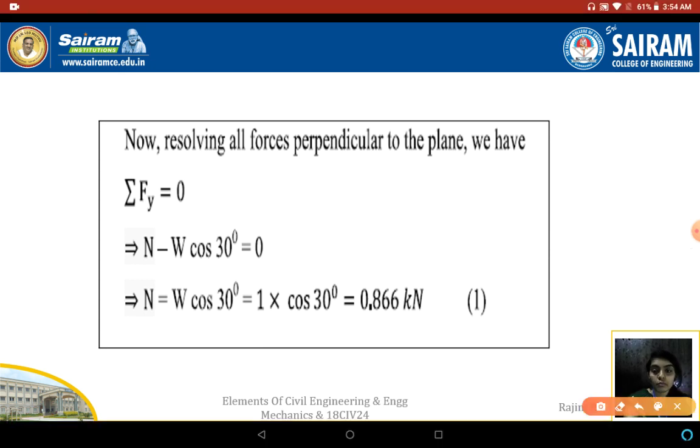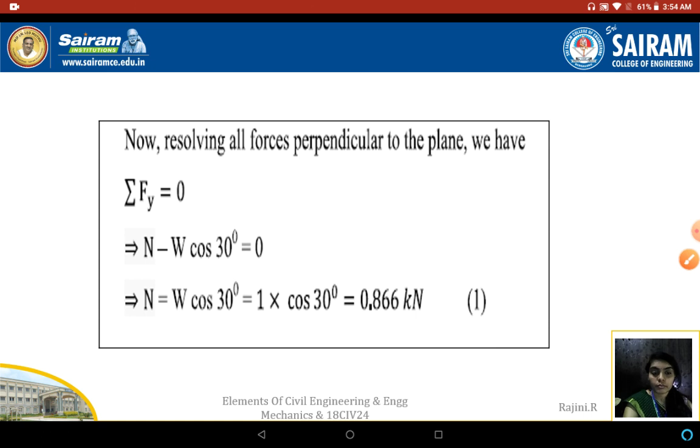So N is equal to W cos 30 degrees, which is 1 into cos 30 degrees. The answer will be 0.866 kilonewton. So the normal reaction N, which is R, we got as 0.866 kilonewton.